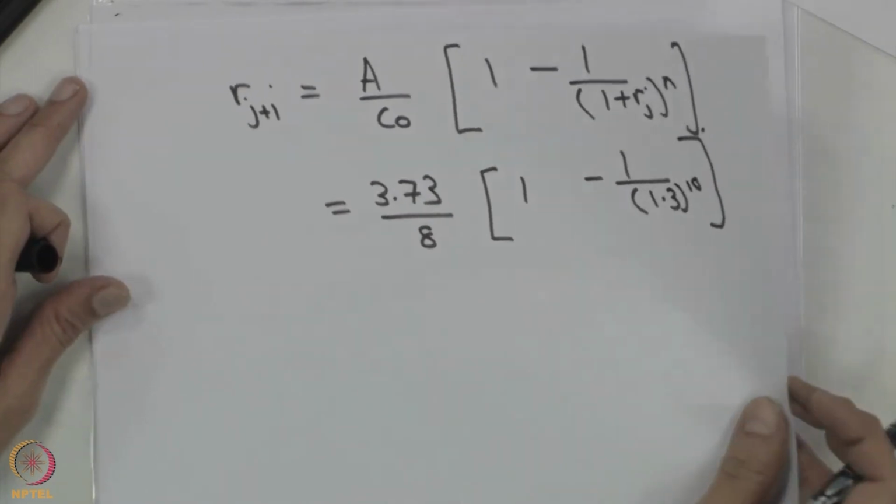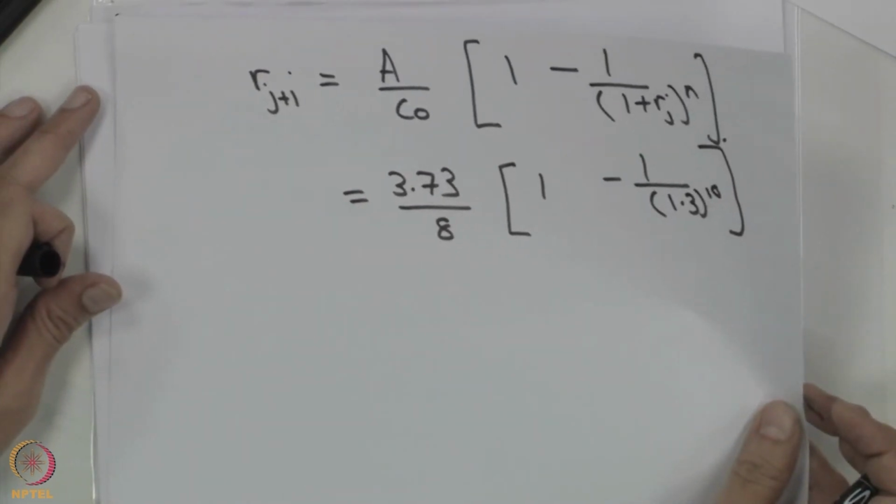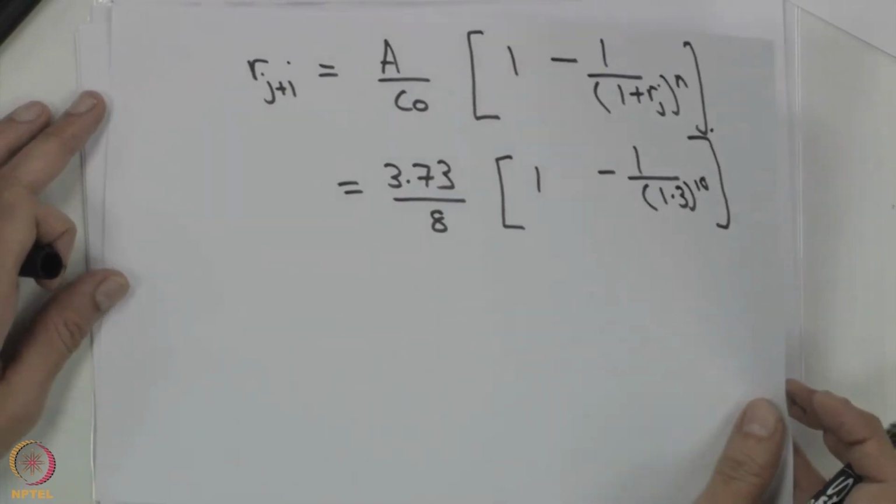So we have seen how to calculate the simple payback period, net present value, benefit by cost ratio, and internal rate of return. And as we saw, all of these give essentially similar results.